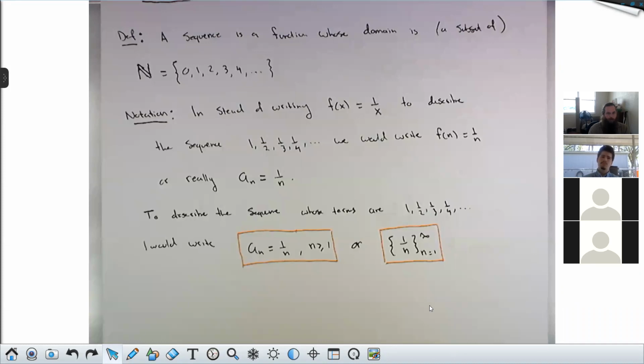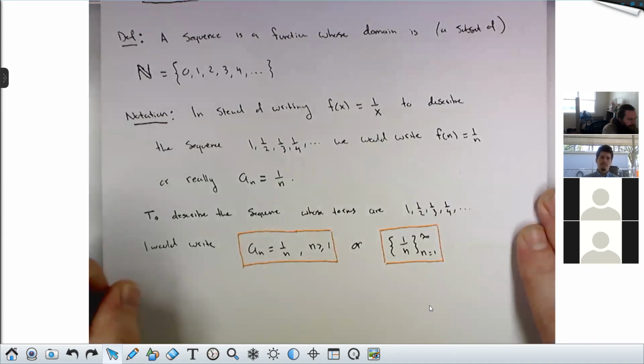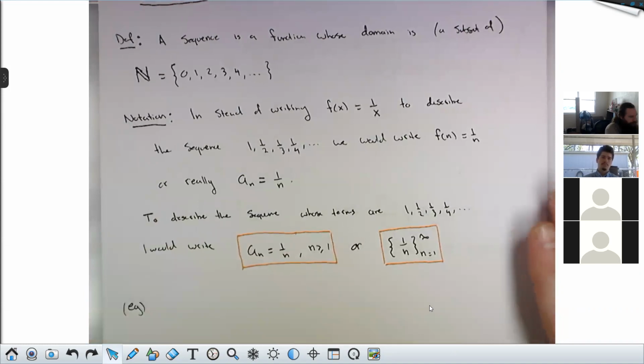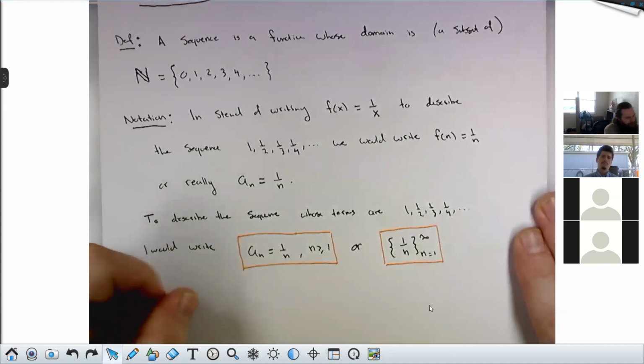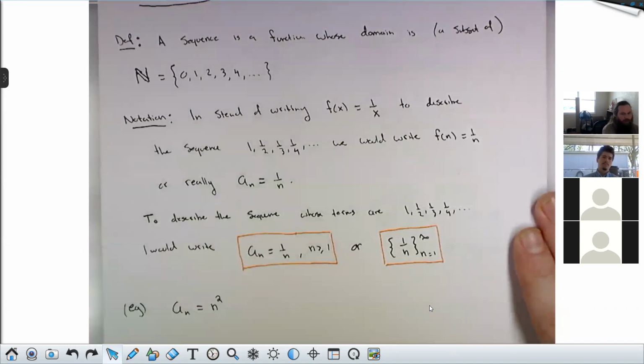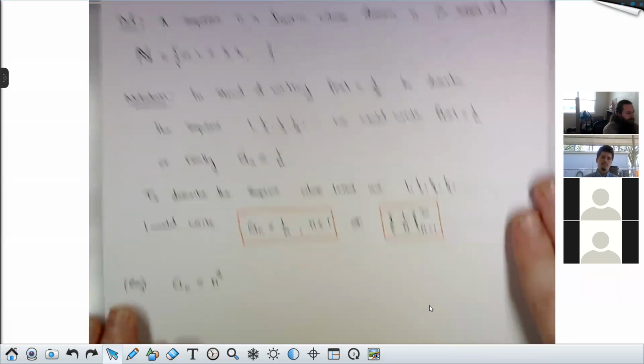All right. Let's look at some examples. Of course, there's the 1 over n sequence there. Another example would be the sequence of squares, a sub n equals n squared.